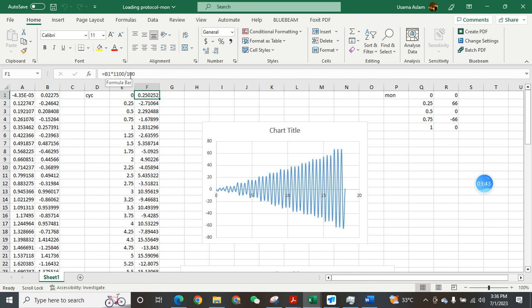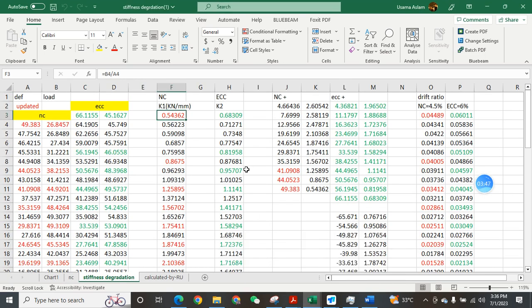To make the same unit I divided by 100. So I have the load deflection data for normal concrete and load deflection for ECC. This is my monotonic loading or any P-delta curve data or hysteresis curve data.